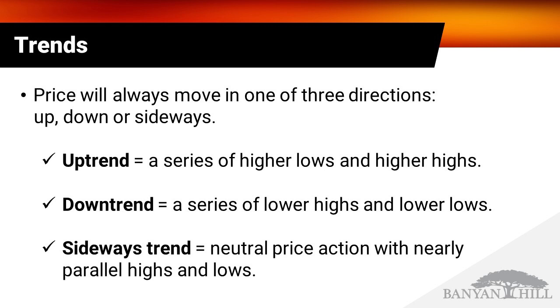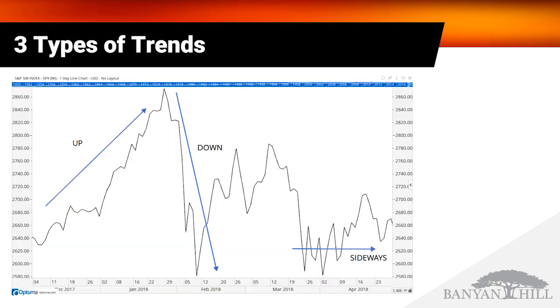So the key to trading is going to be to identify the uptrend and the downtrend, because that's where the money can be made, and the sideways trend can be your signal to watch the stock. Even place your orders in advance for the breakout, because the sideways trend is telling you an up or down trend is about to begin.